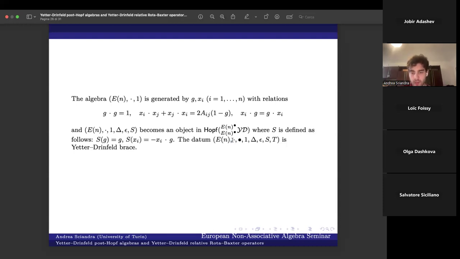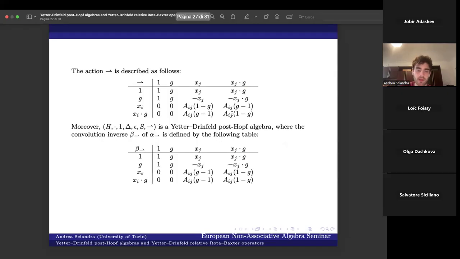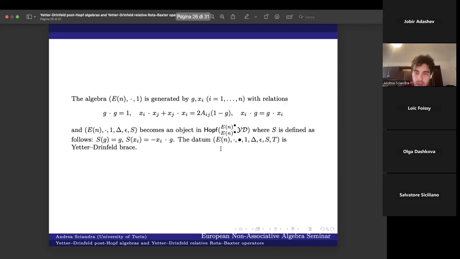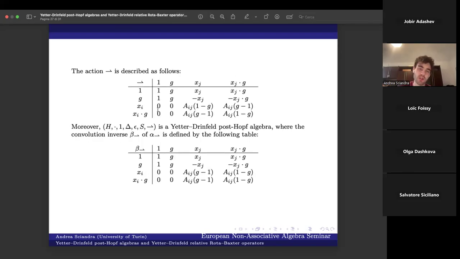If now we keep the dot structure, so En dot, 1, delta, epsilon and S, we can define an action in this way.